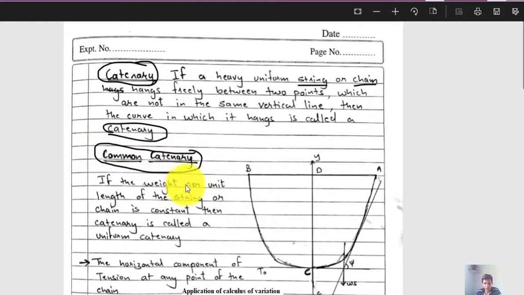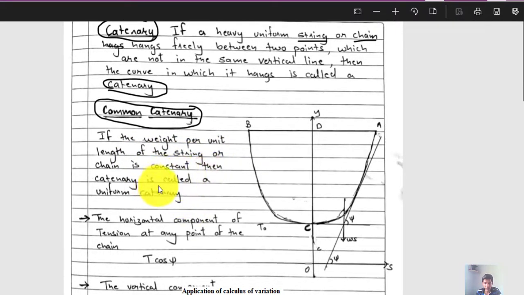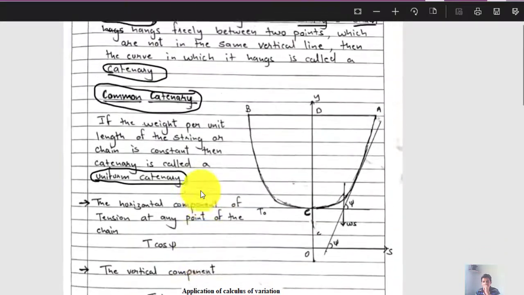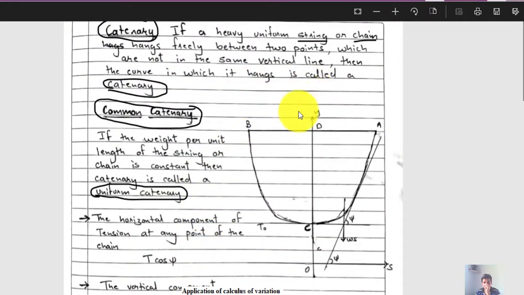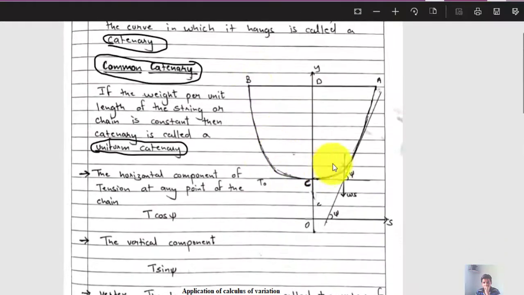If the weight per unit length of the string or chain is constant, then the catenary is called a uniform catenary, right? So that is the difference. Usually a catenary is a curve hanging between 2 points.